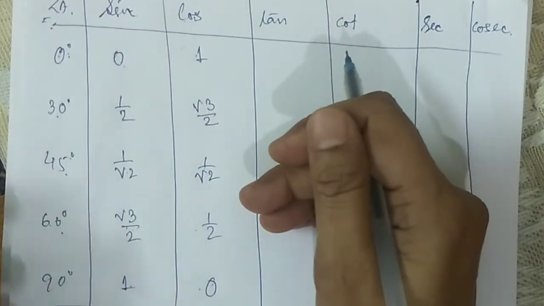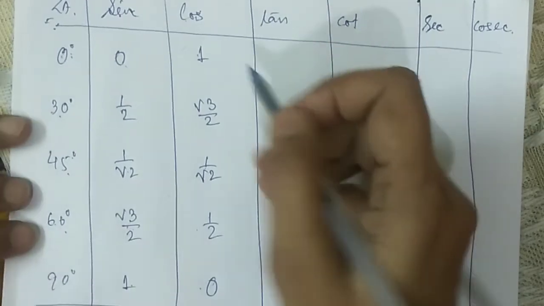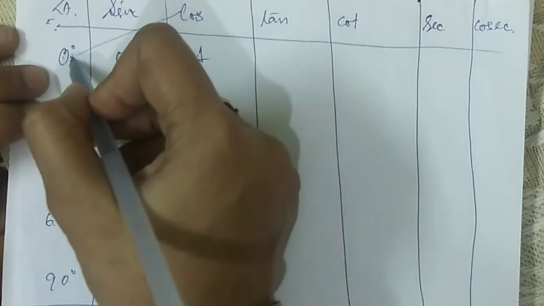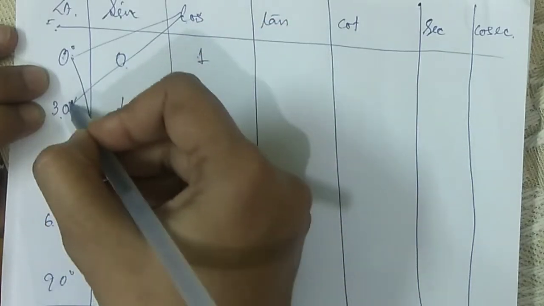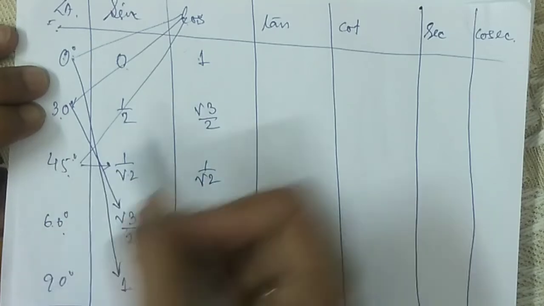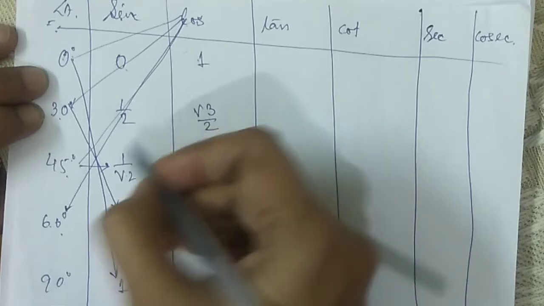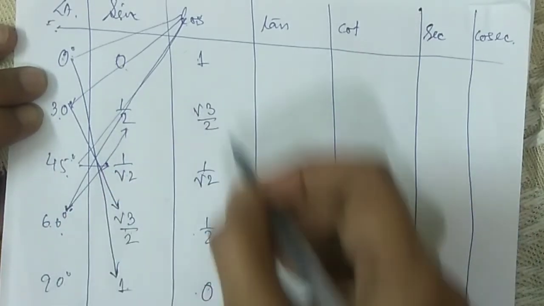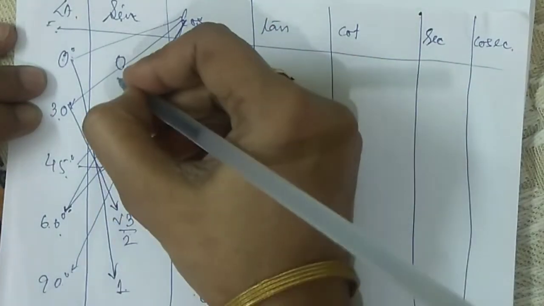So I have done nothing, I have just reversed all the values. When you take 60, it will be bounced back to half. When you take the value 90, it will be 0.